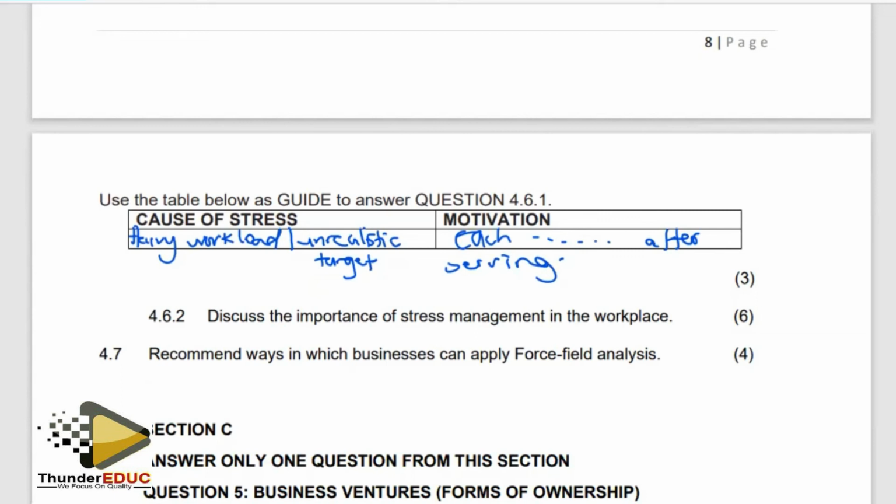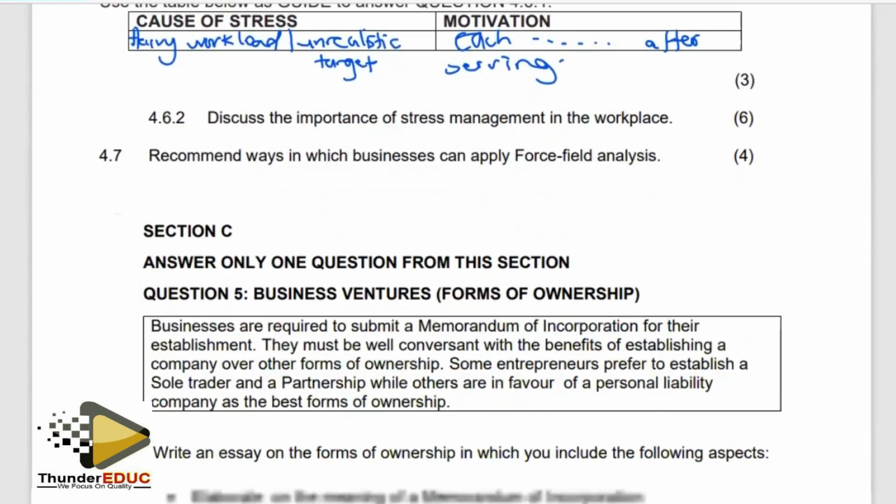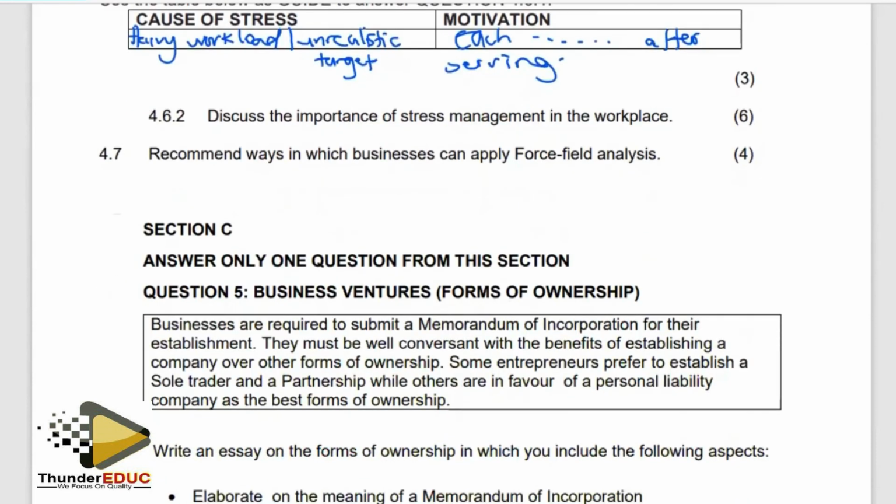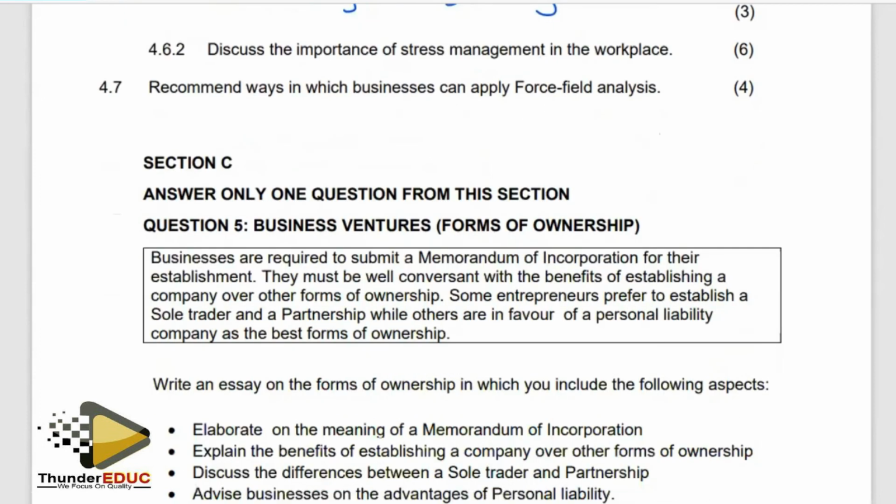Discuss the importance of stress management. It is very important to understand that stress is a very dangerous aspect in a workplace. If it's not managed properly, it may lead to trauma and cause a lot of challenges.